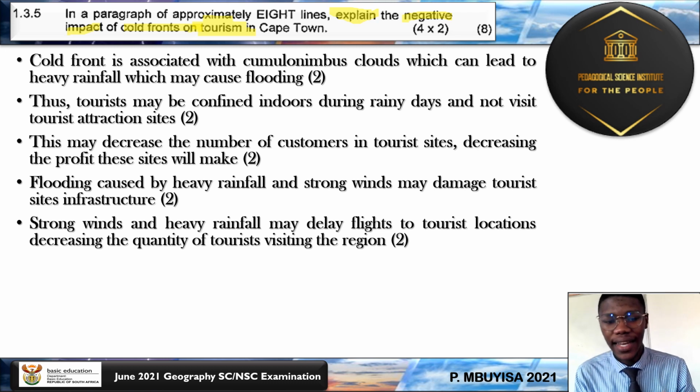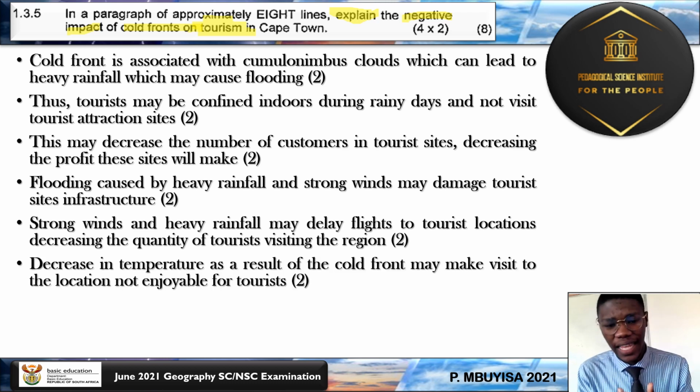Again, strong winds and heavy rainfall may delay flights to the tourist locations, decreasing the number of tourists visiting the region. So that's some of the negative impact. And again, when there's a decrease in temperature, people will be uncomfortable visiting outdoor areas, so they may be confined indoors.